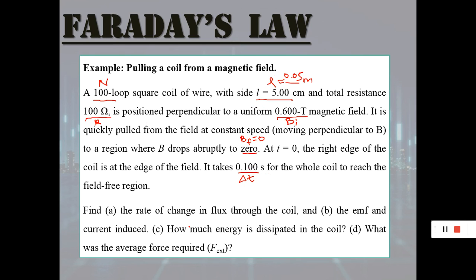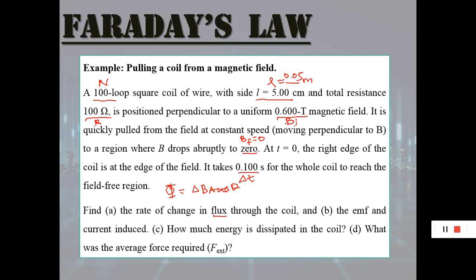Find the rate of change in flux through the coil. This question asks you to find the rate of change in flux through the coil. Flux is BA cos theta. So either there are changes in B, or changes in A, or changes in theta.